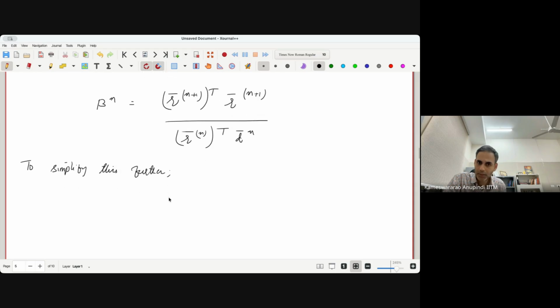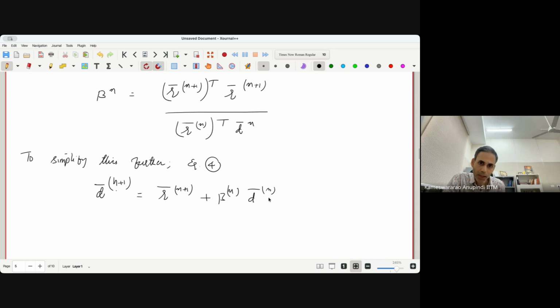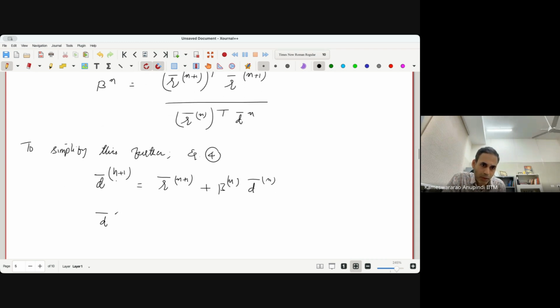Let me recollect from equation 4. What we said is the new direction d bar_{n+1} equals R bar_{n+1} plus beta_n d_n. So I can write this for d bar_n instead of d bar_{n+1}, right? In such case it is going to be R bar_n plus beta_{n-1} d bar_{n-1}. That's what I have.